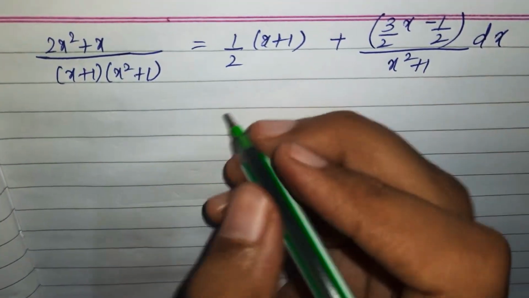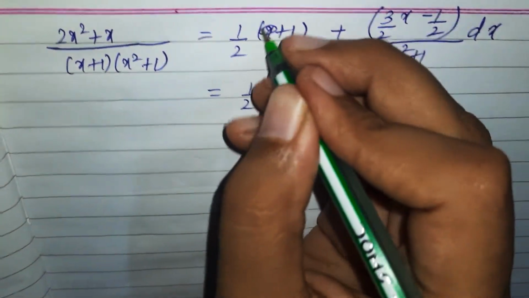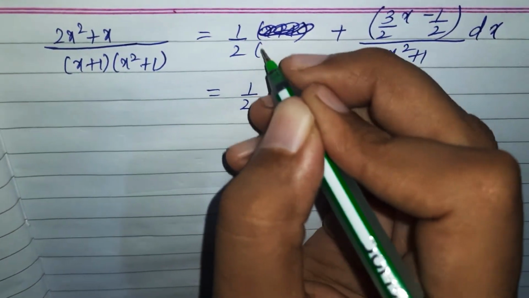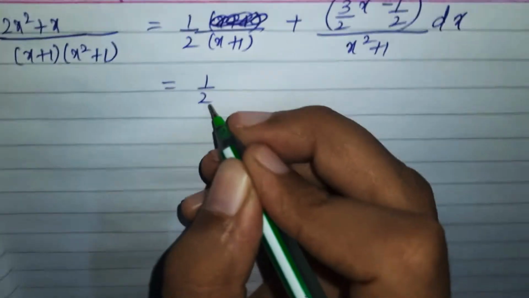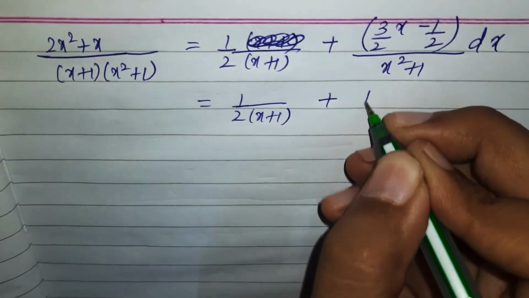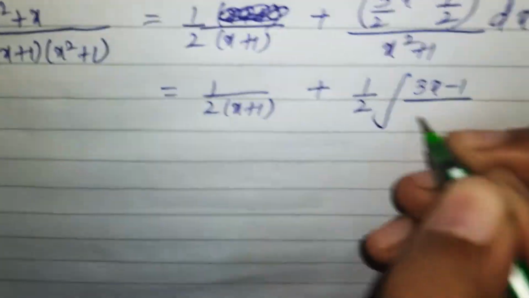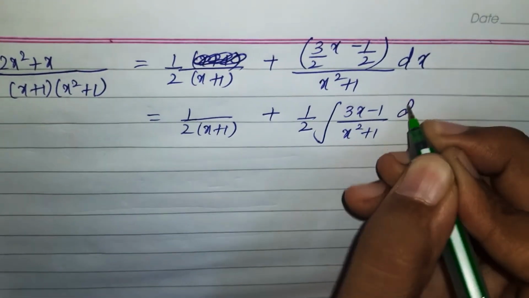This can be written as 1 by 2 over x plus 1, plus 1 by 2 common, I get 3x minus 1 upon x square plus 1 dx.